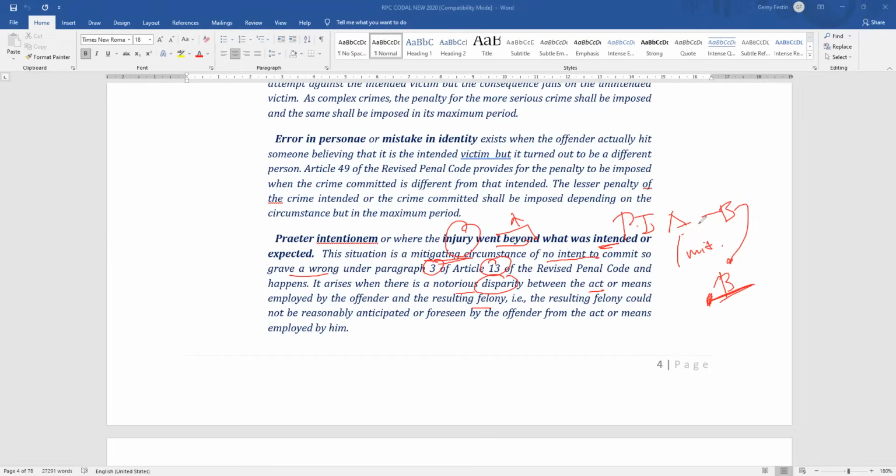So disparity, which is notable disparity, the act of slapping and the resulting injury, which is the death of B. Okay, malinaw?